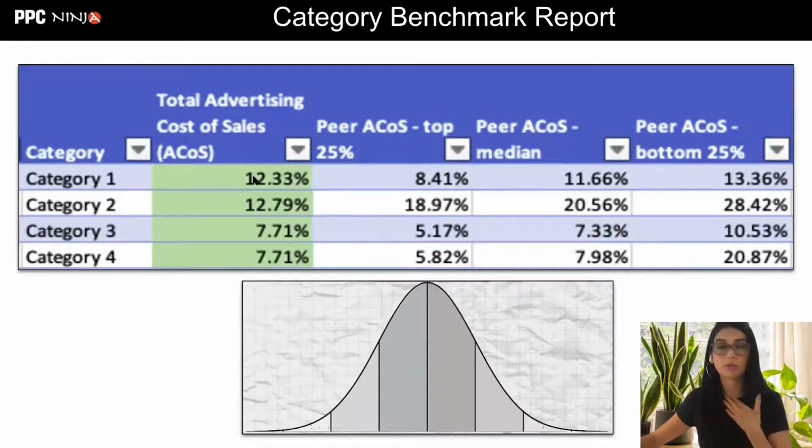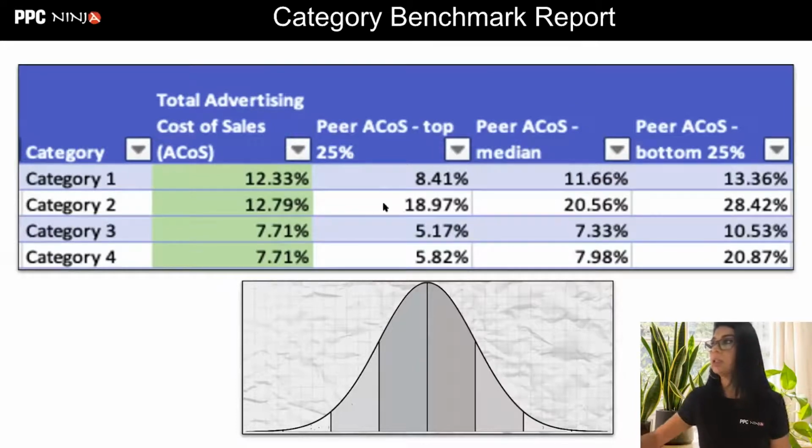The one in green is for my brand, and these are my peers. They've basically given you 3 sections of this almost bell curve: the top 25%, the median, so that's the middle 50%, this portion, and then the bottom 25% of your peers.